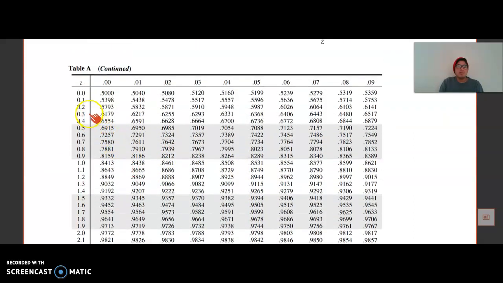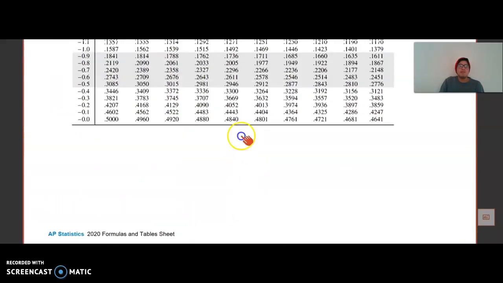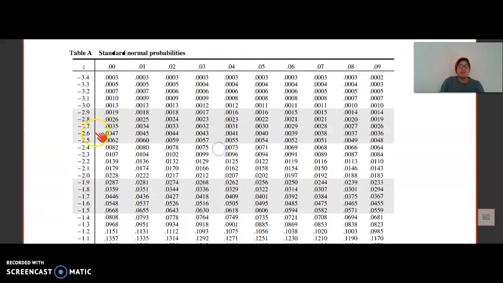So you'd go find the probability of 0.33, and then you would take away the probability of negative 2.67, about right here.